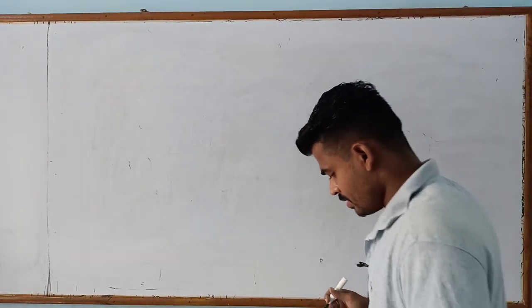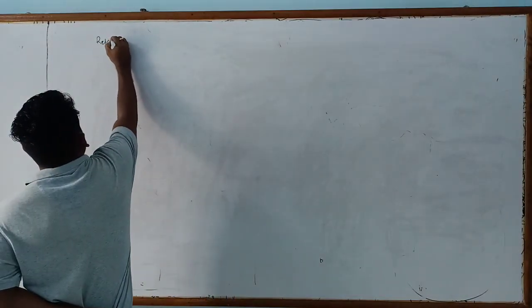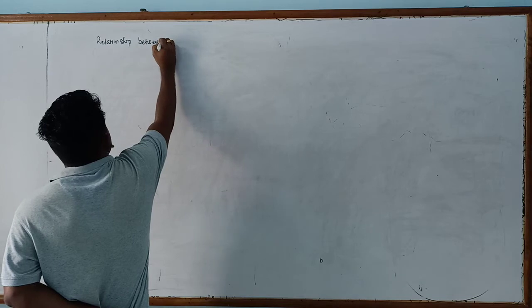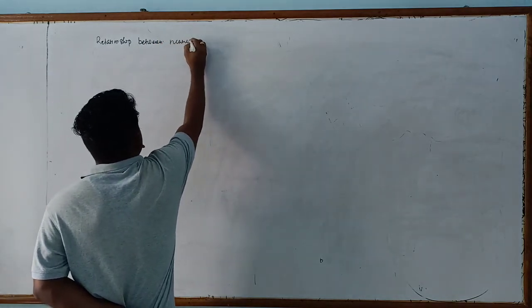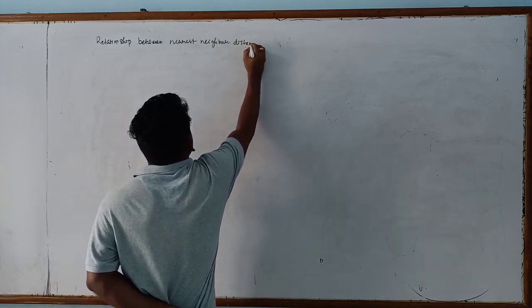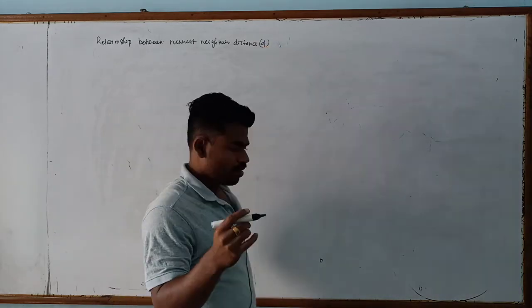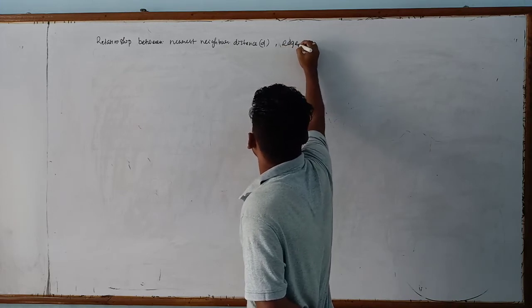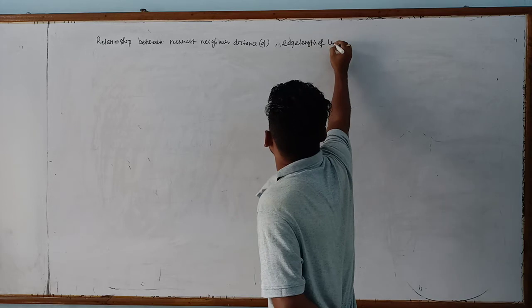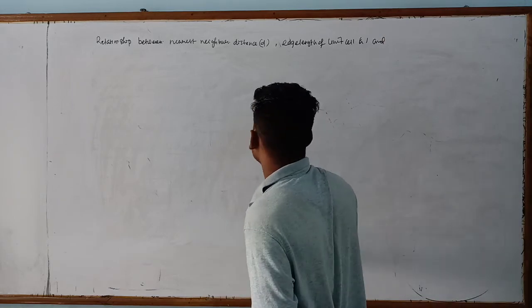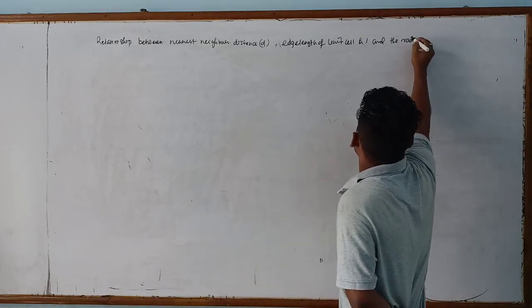Next we will find out some important relationships, the relationship between the nearest neighbor distance D, the edge length of the unit cell a, and the radius of the sphere.